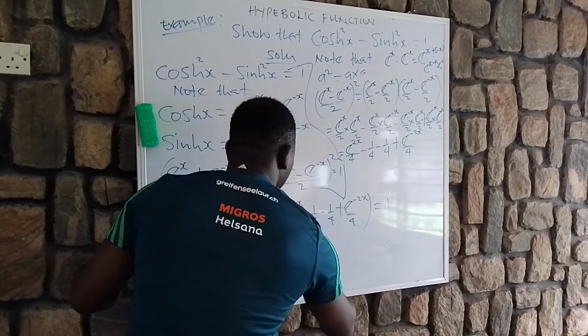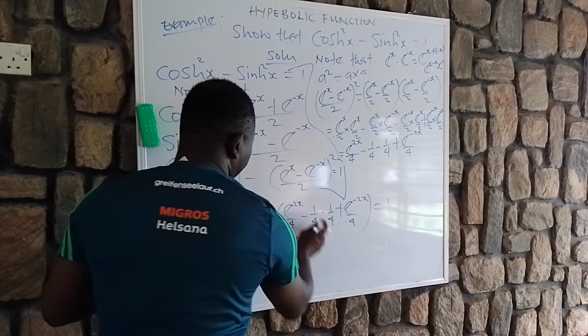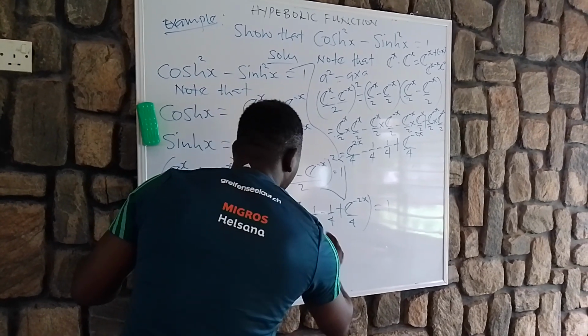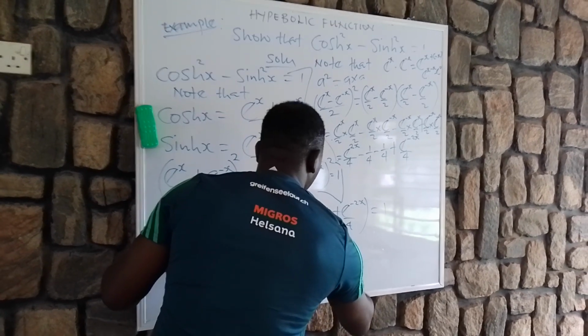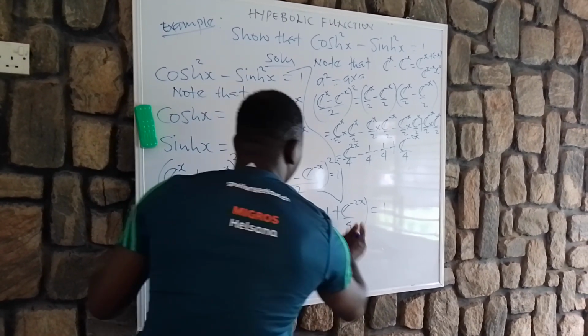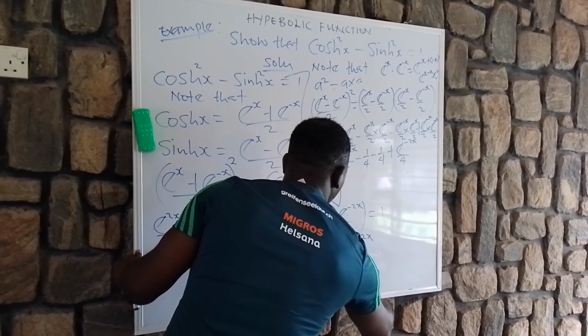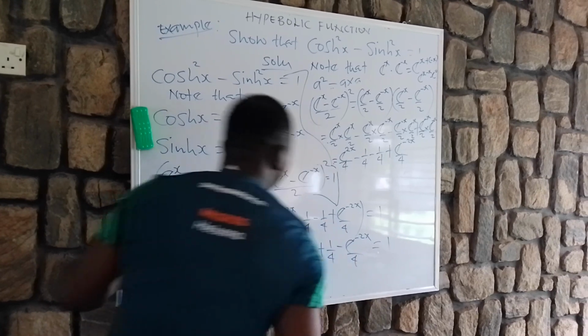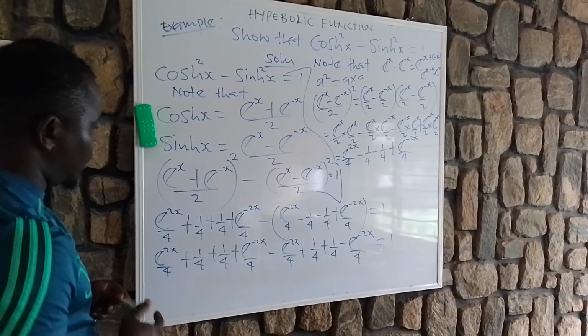This one times this, minus times minus will give us plus 1 all over 4. Minus times minus will give us plus 1 all over 4. Minus times plus will give us minus exponential minus 2x all over 4, which is equal to 1.